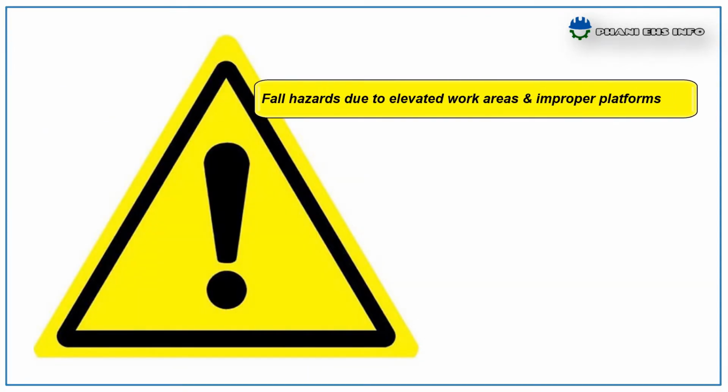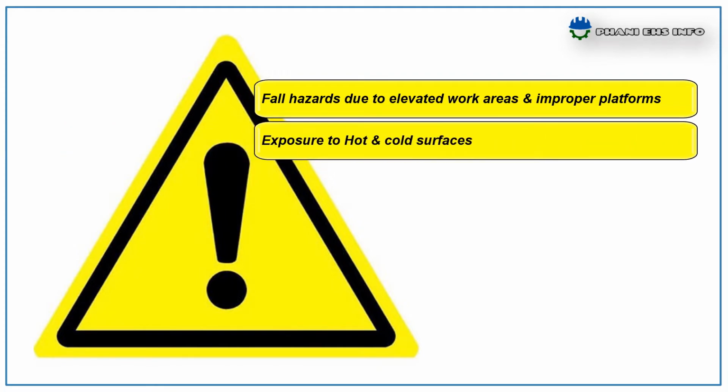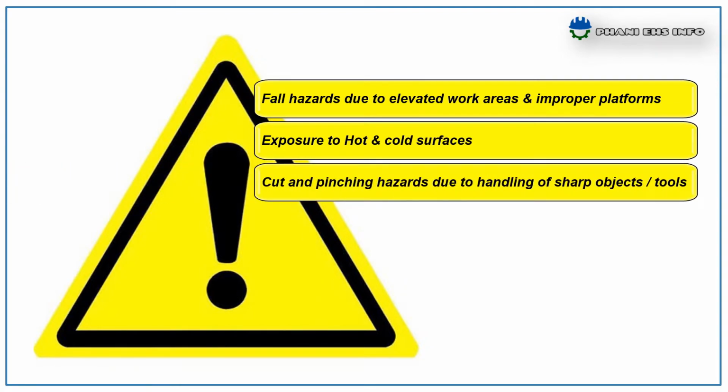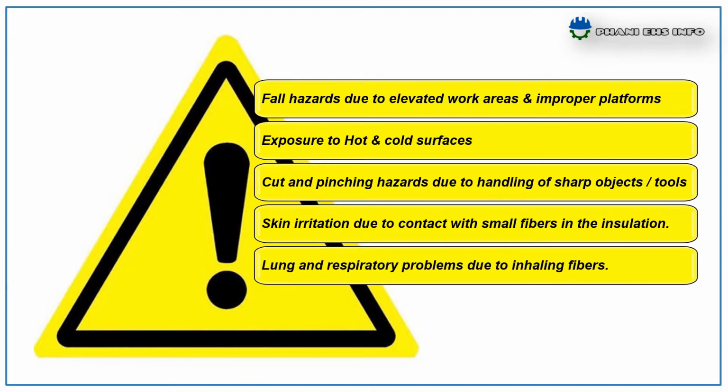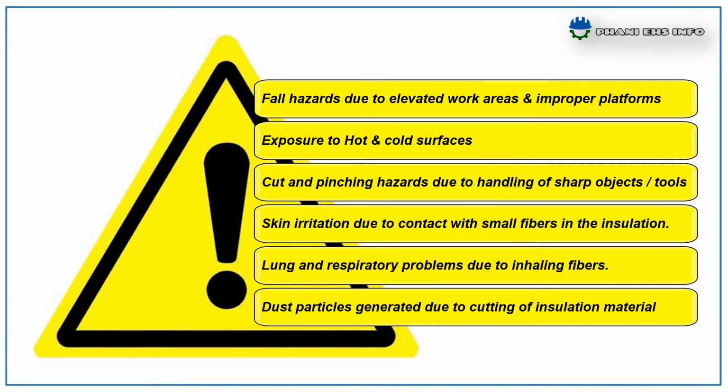Fall hazard due to elevated work areas and improper platform, exposure to hot and cold surfaces, cut and pinching hazards due to handling of sharp objects or tools, skin irritation due to contact with the small fibers in the insulation, lungs and respiratory problems due to inhaling fibers and dust particles generated due to cutting of insulation materials. These are the potential hazards at insulation works.